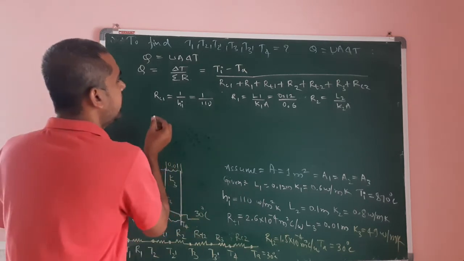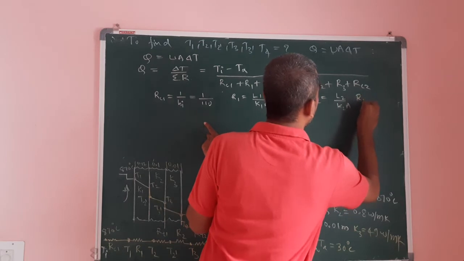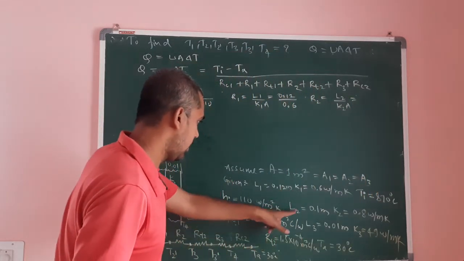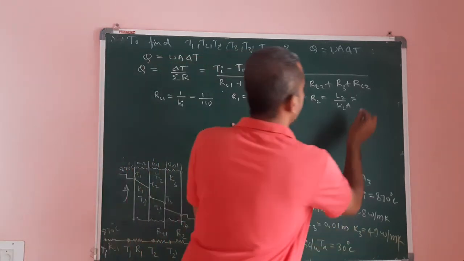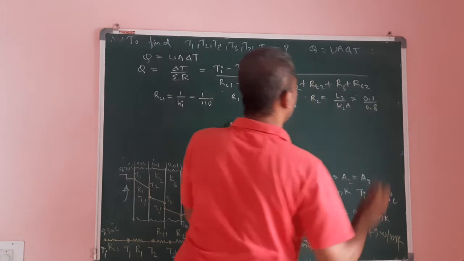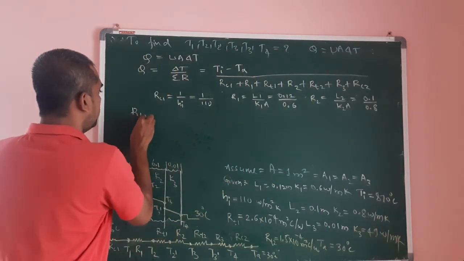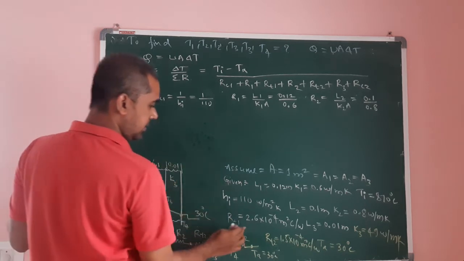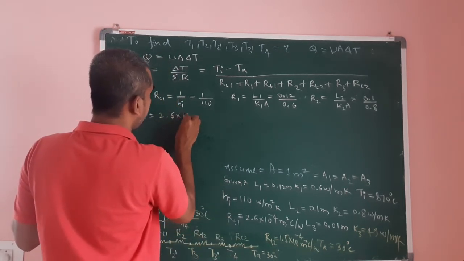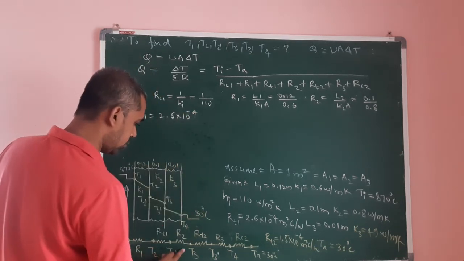L2 is equal to 0.1 divided by 0.8. Then RT1 is directly given as 2.6 into 10 raised to minus 4. This is RT1. R2 we have calculated.